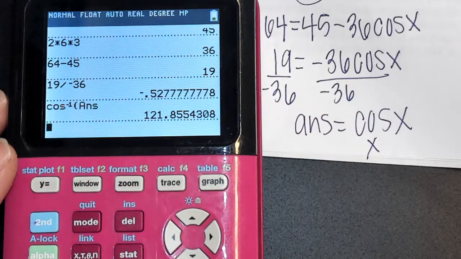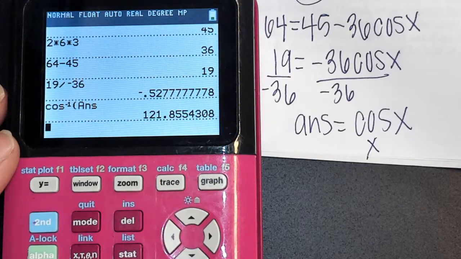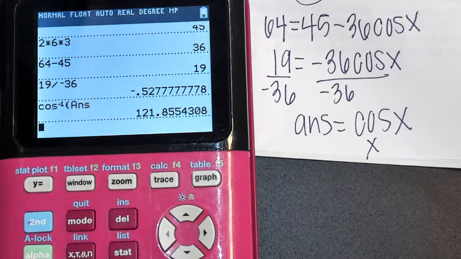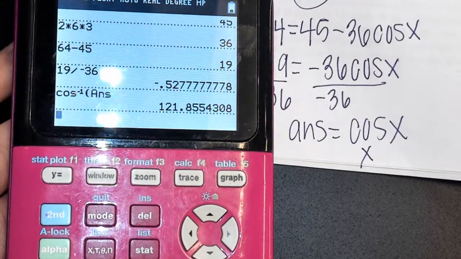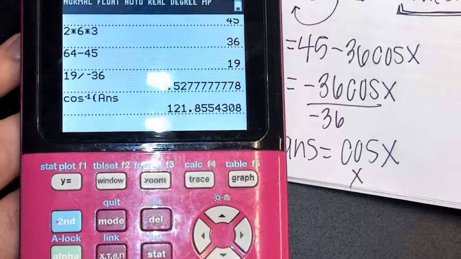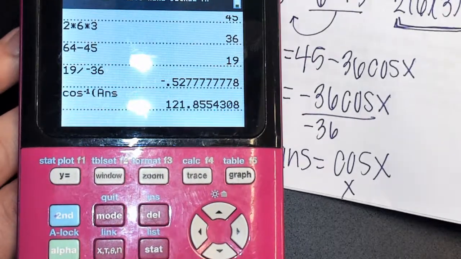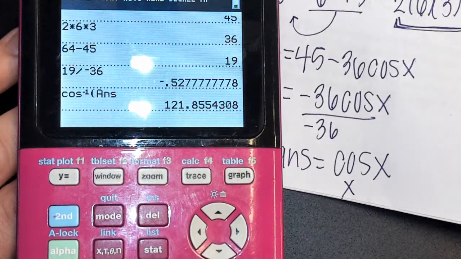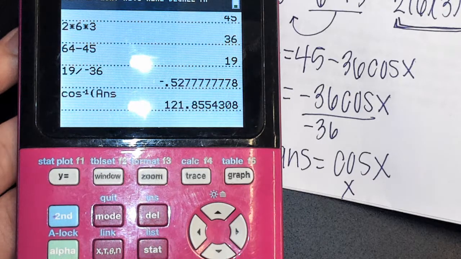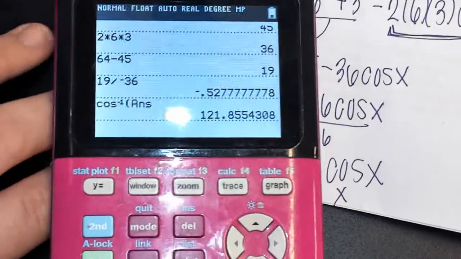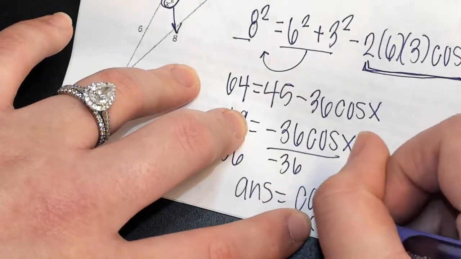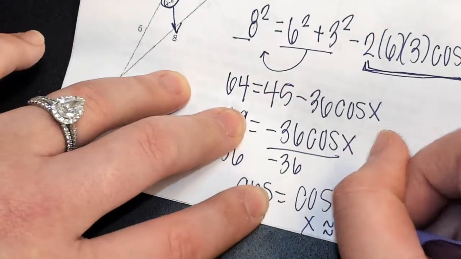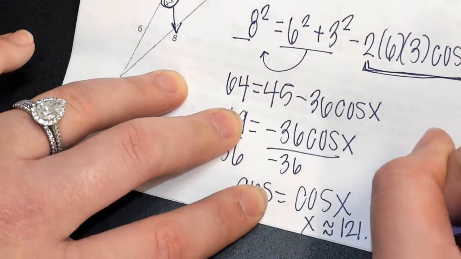So you should get 121.9. Second answer. Okay? So our answer was x rounds to 121.9.